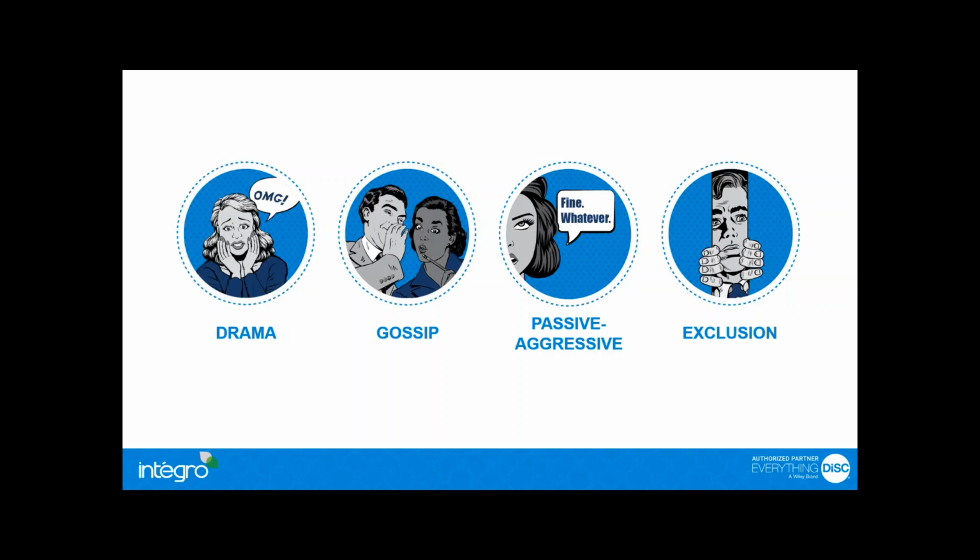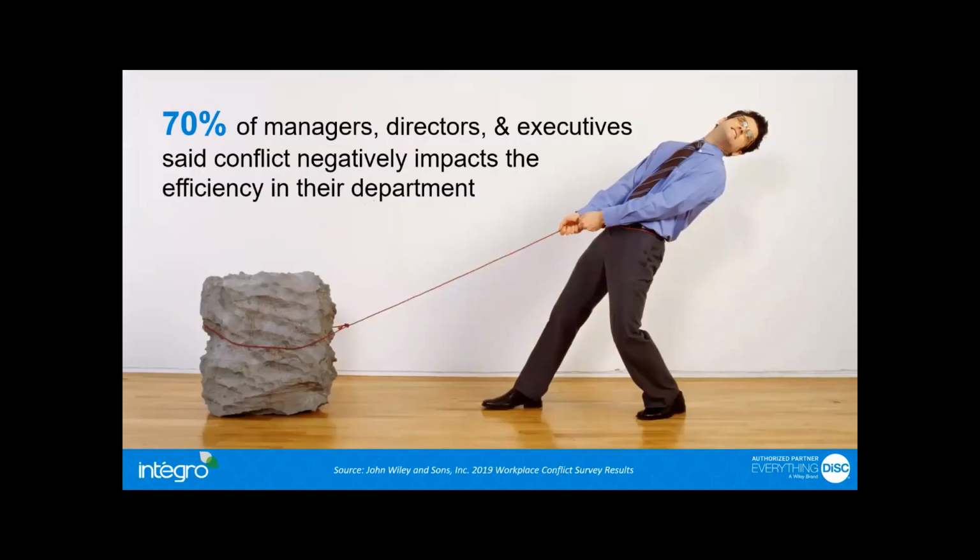So 70% of managers, directors and executives said that conflict negatively impacts the efficiency in their department. I actually got into a discussion with the managing director of a firm on a flight back from Melbourne, and he asked me what I did, and I was talking about DISC and understanding people better. And he said, "Oh boy, I think we need to talk.